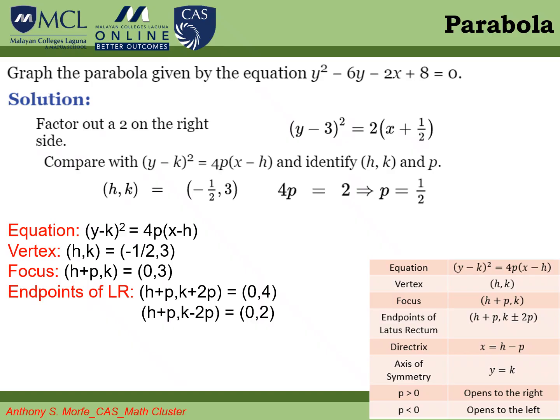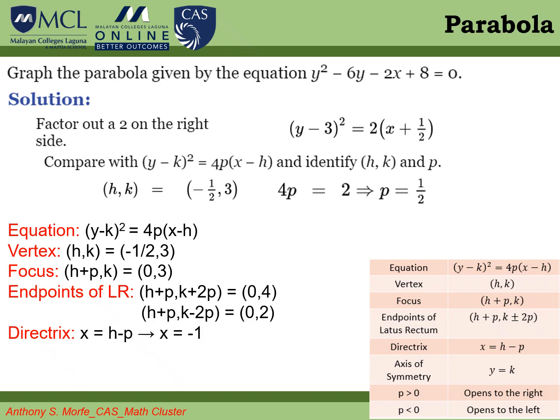Then directrix. What is the formula of the directrix? Directrix is simply x equals h minus p. So h is, sorry, h is minus 1/2. P is 1/2.